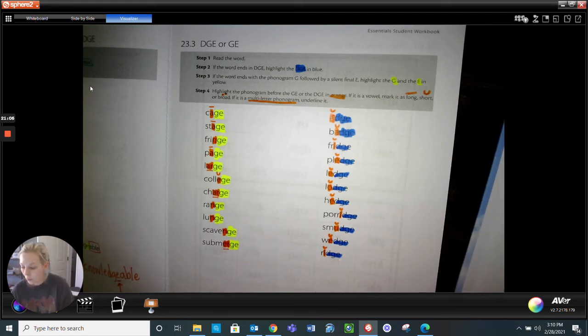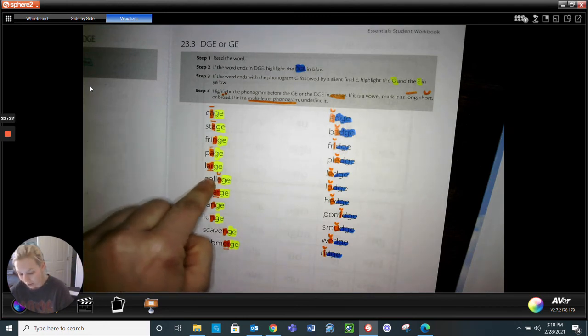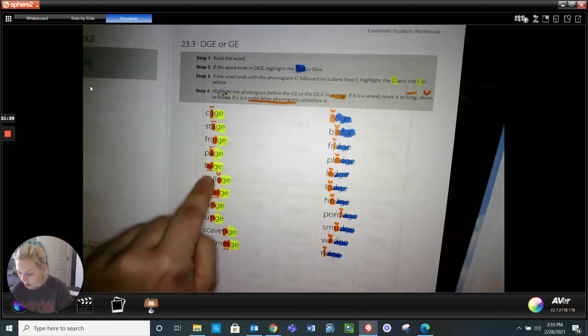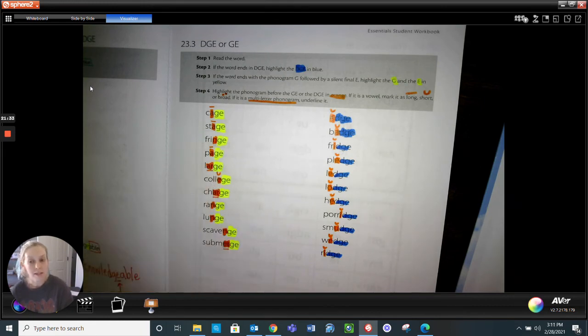Good. When is DGE used? Only after a single vowel which says its short sound. GE is used to spell J at the end of a word after a long vowel, a short vowel, a multi-letter phonogram, or a consonant.